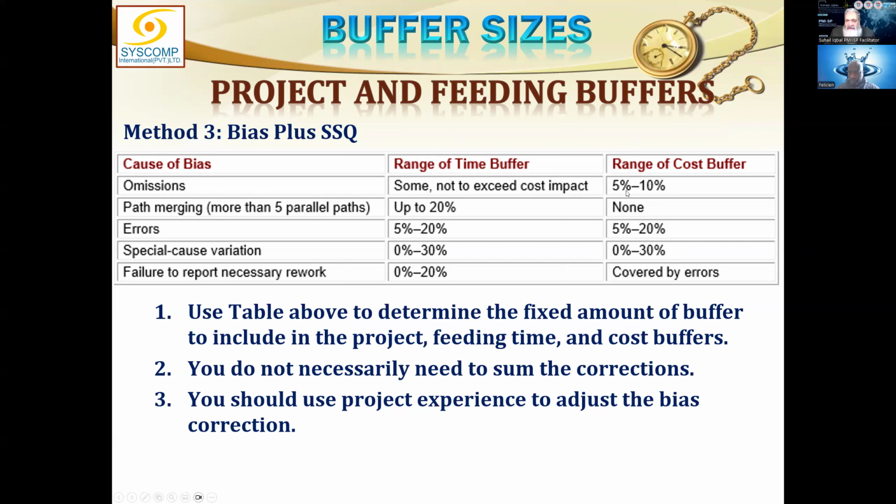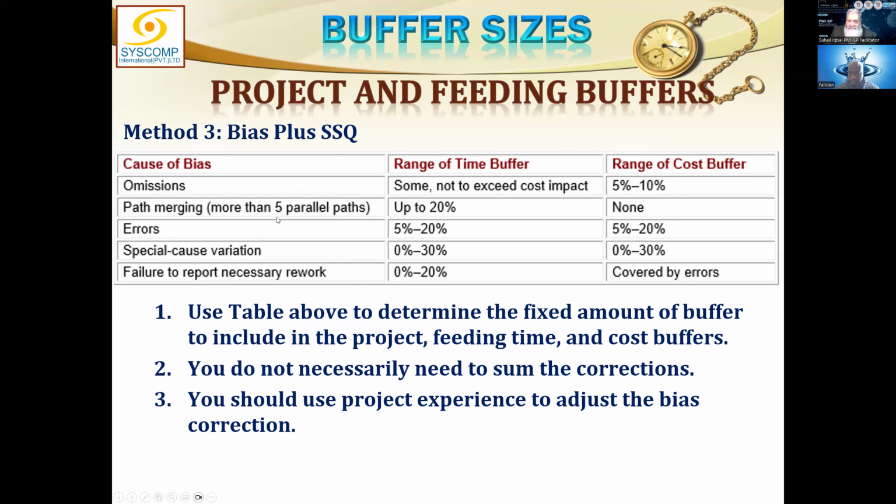The range of cost buffer is 5 to 10%. I have to appropriately allocate additional time or buffer for this omission, and I cannot keep a buffer which could cost me much more. 5 to 10% is the range.